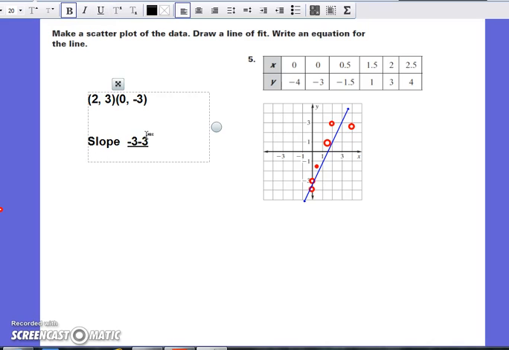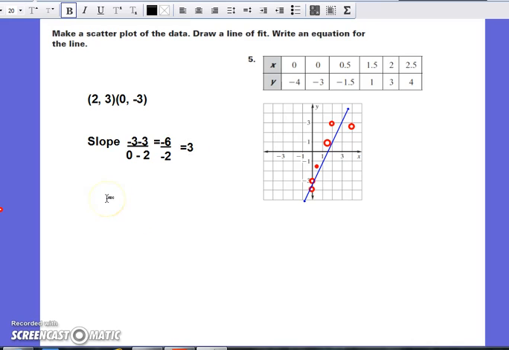And here we're going to have a 0 minus 2, which is going to equal negative 6 over negative 2. Which is simply going to equal 3. So our slope is 3.